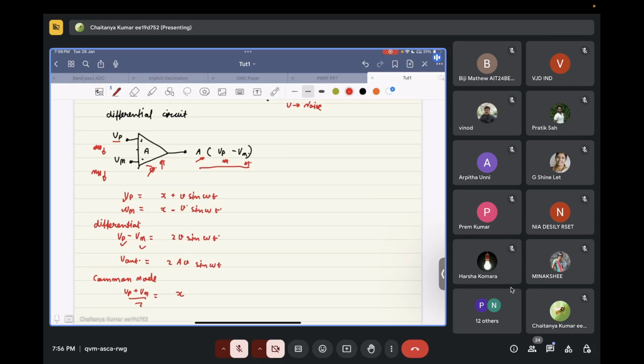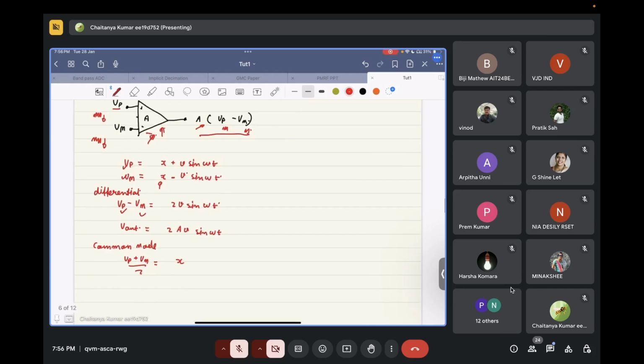So output voltage ideally is A times the difference between the two signals. So whatever this X is, it shouldn't affect your output. Okay. This is the ideal case. So this final output voltage can be written as 2 times A V sine omega t plus 0x.